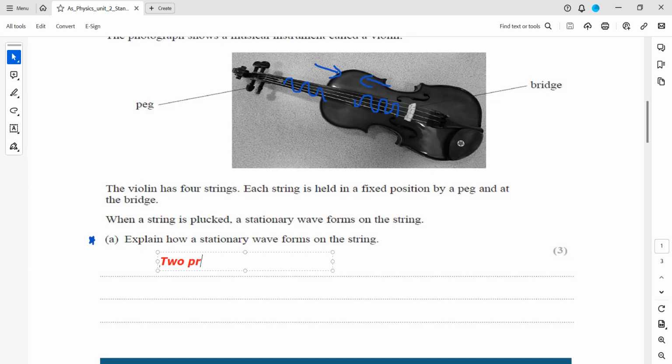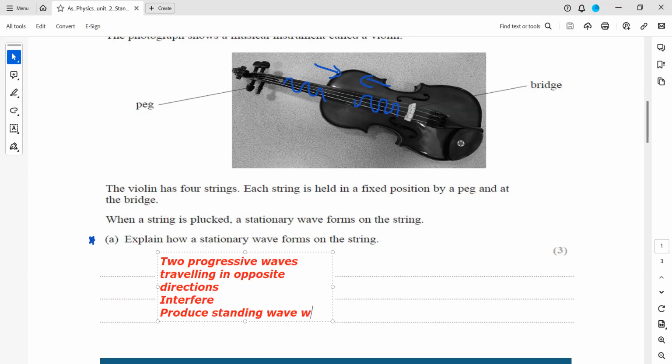Two progressive waves traveling in opposite directions superimpose or interfere, and they will give rise to a standing wave with nodes and antinodes.